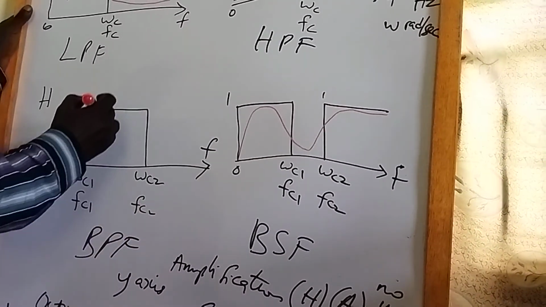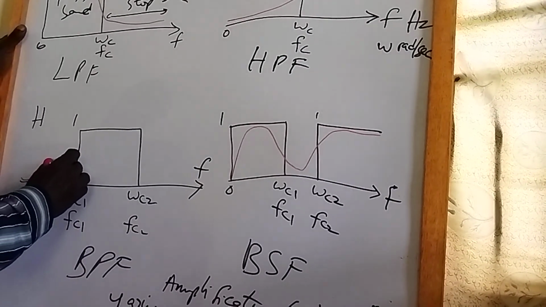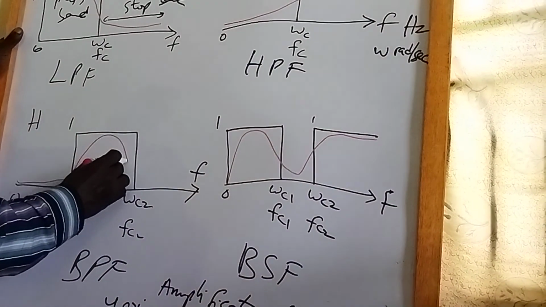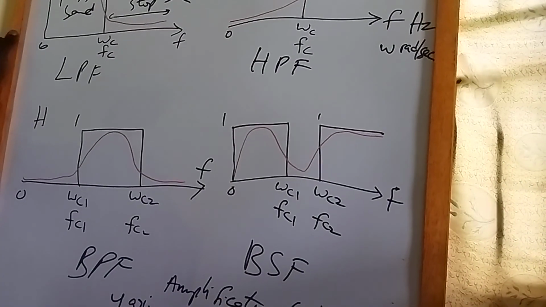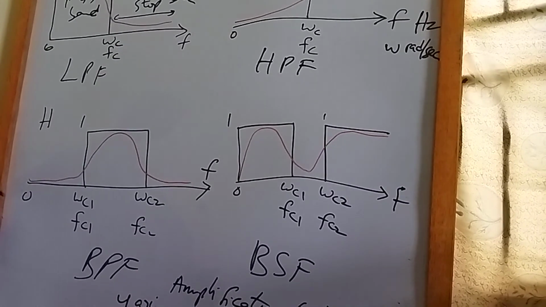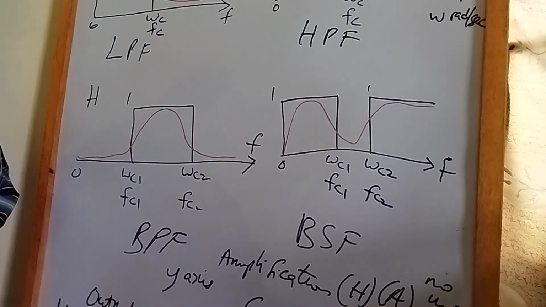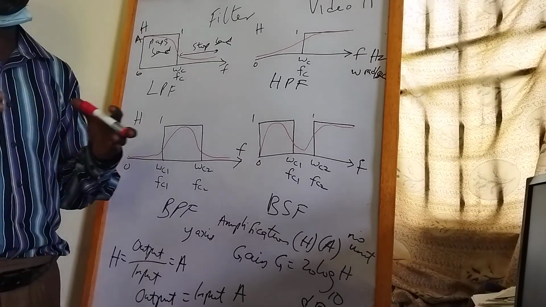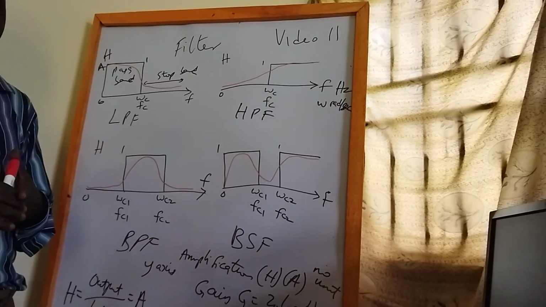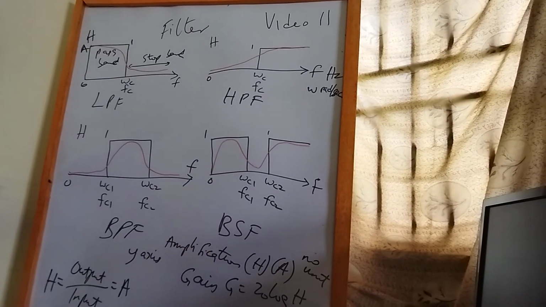So what I draw with black are ideal characteristics. They are not possible practically. What I draw with red are approximate or practical characteristics.